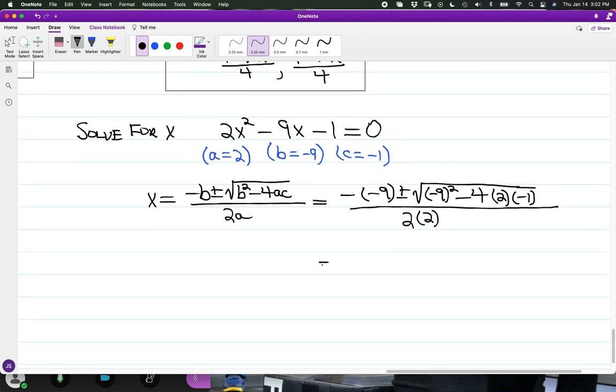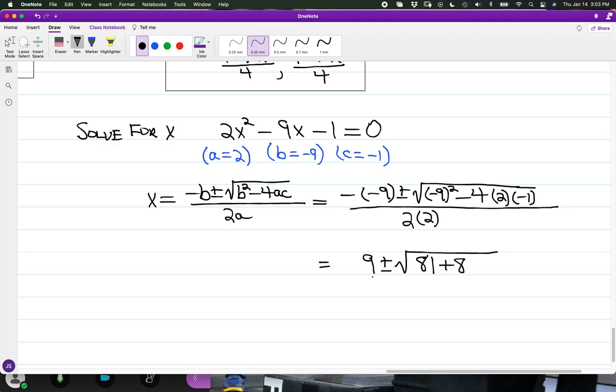Now after substituting, for negative b you have the opposite sign of negative 9, so this will be a positive 9, plus or minus. Now the square of negative 9 is a positive 81. For the minus 4ac, negative 4 times 2 is negative 8, and negative 8 times negative 1 is a positive 8.